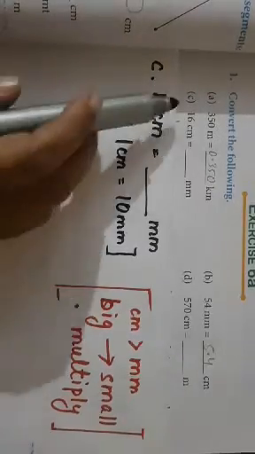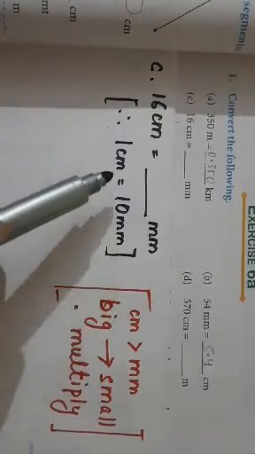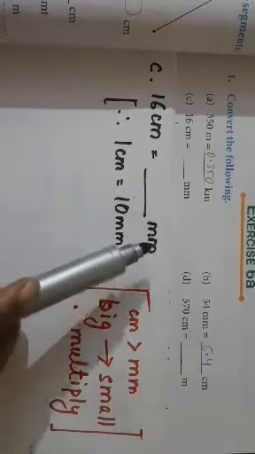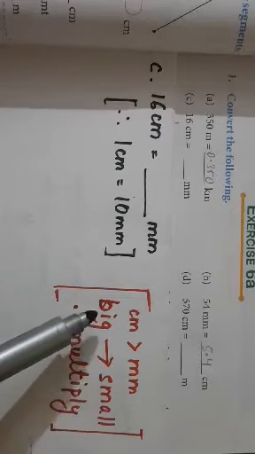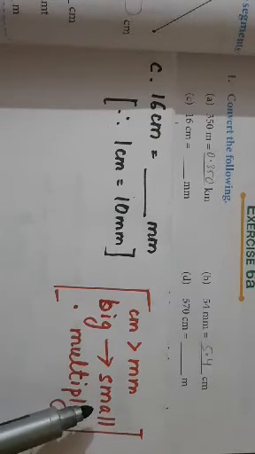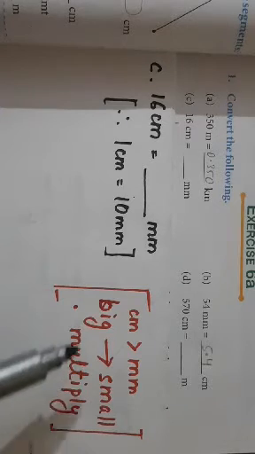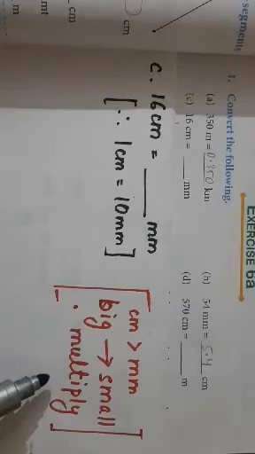Let's see the C part of first question. That is 16 centimeter is equals to dash millimeter. In this question you have to convert centimeter into millimeter, and centimeter is bigger than millimeter, so you have to convert the bigger unit into smaller unit. In that case we multiply.